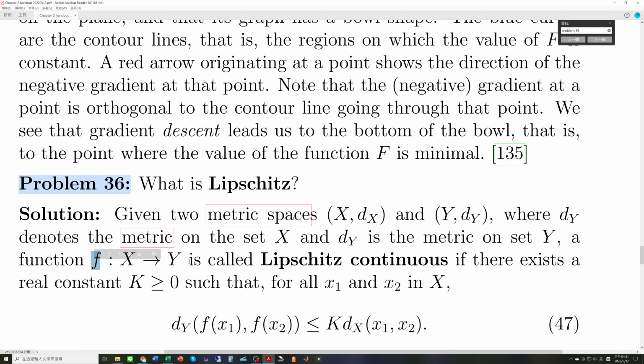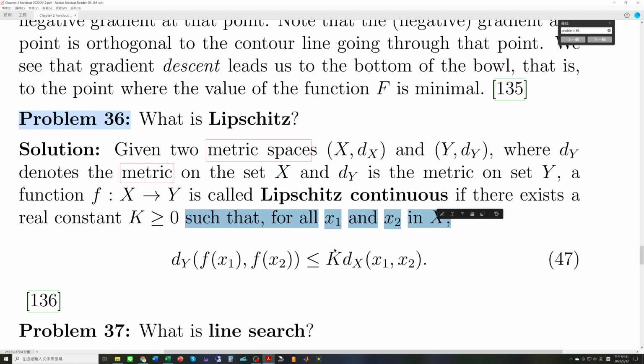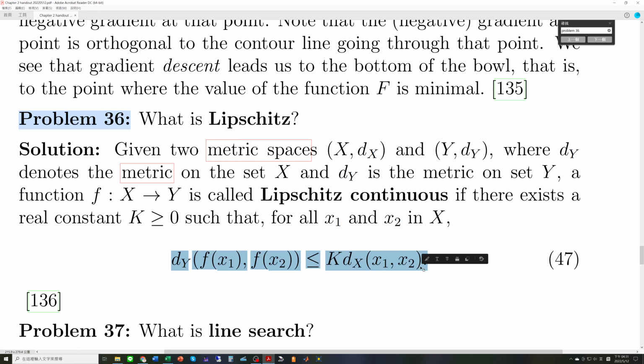So a function f: X to Y is called Lipschitz continuous if there exists a real constant k greater than or equal to 0 such that for all small x1 and small x2 in capital X, dY of f(x1), f(x2) is smaller than or equal to k times dX of x1, x2.